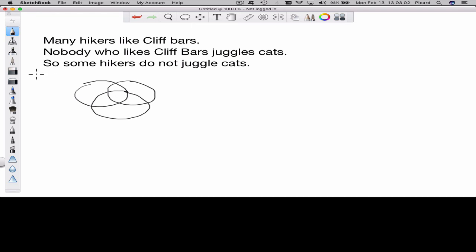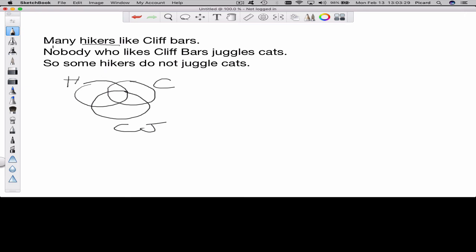And it says many hikers, so hikers like Cliff Bars. There's my Cliff Bar likers, and cat jugglers would be my 3rd category. So the first premise says many, which just means some hikers like Cliff Bars. That means you're dealing with these 2 circles, the hiker circle, and then the Cliff Bar likers circle.